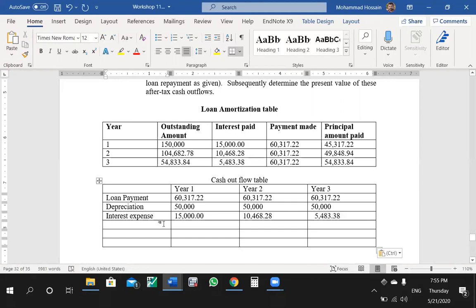Then they have maintenance payment, which is $2,000 every year.